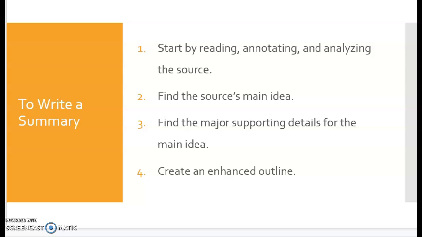So when you read and annotate, you want to find the main ideas and major supporting details for each of the main ideas. You also want to think about the source and the author, because when you're writing your response, you're going to have to address those. But when you're writing the summary, focus on main ideas and annotate them in the margins. Underline them.